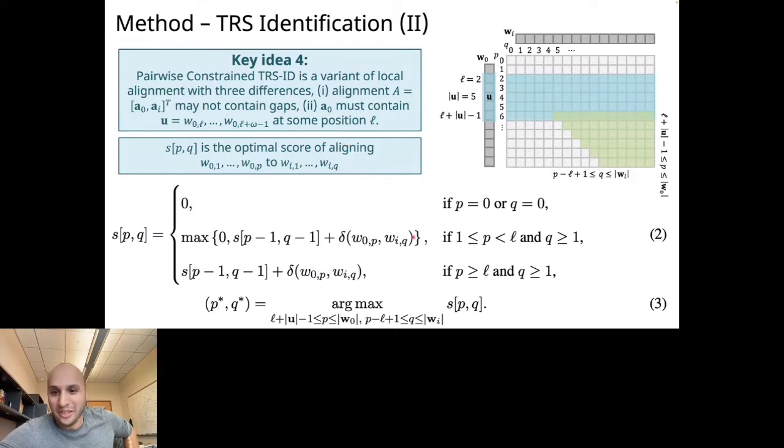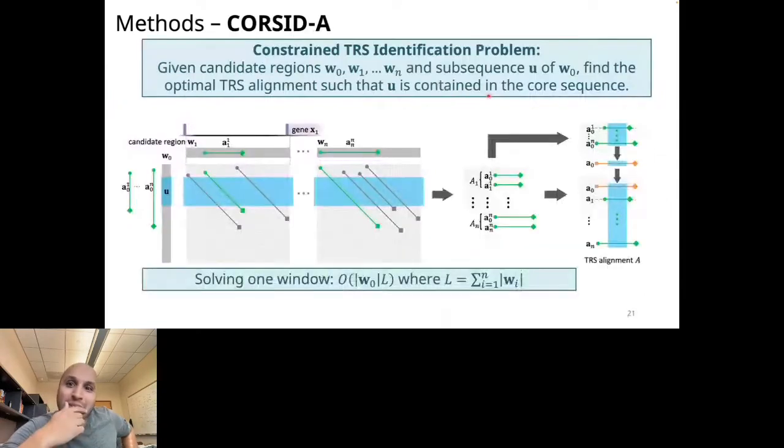I'm not going to go into the details, but long story short, you can solve this problem in polynomial time using dynamic programming, and it's pretty much a simple adaptation of Smith-Waterman. We just get rid of the gap cases, and we make sure that our final solution spans all of U. So we can solve the constraint problem.